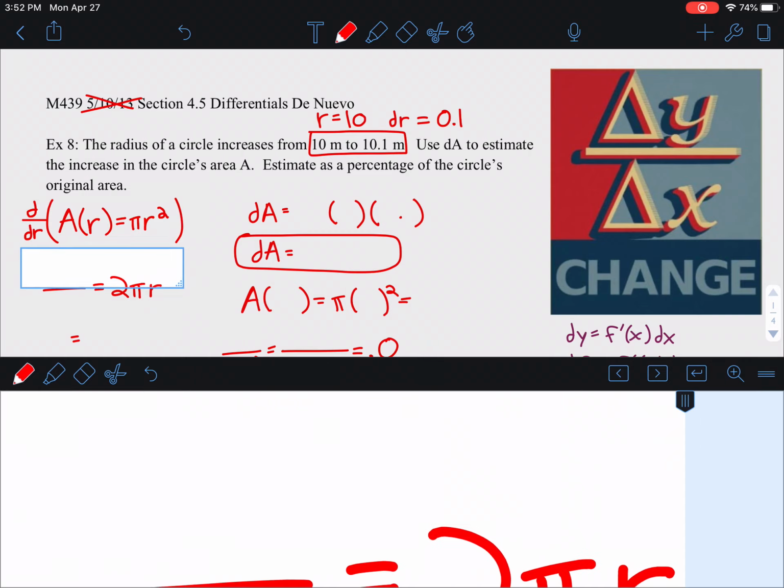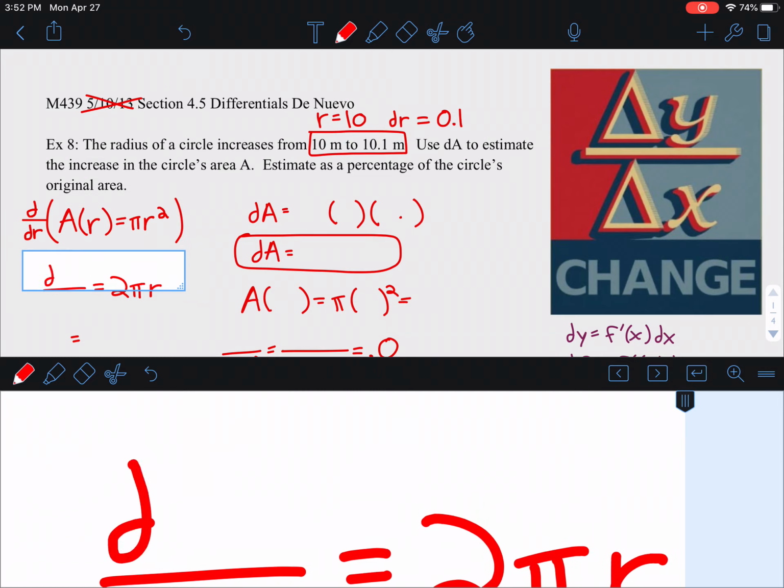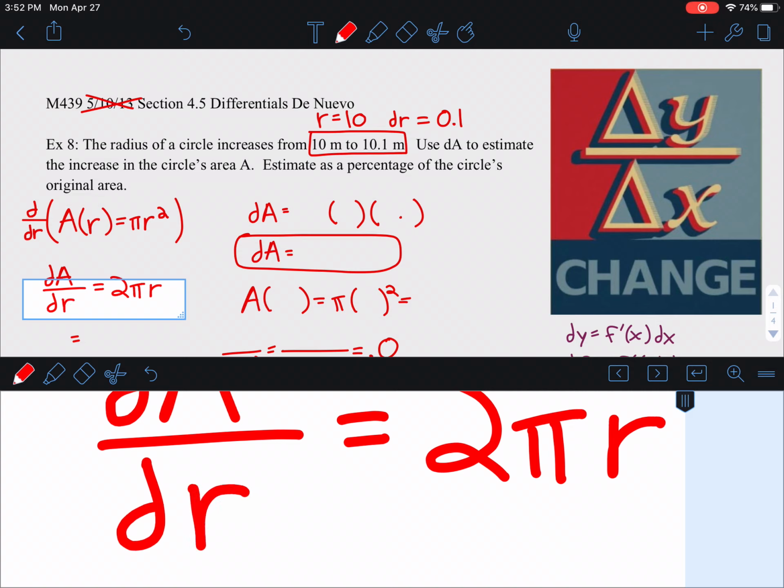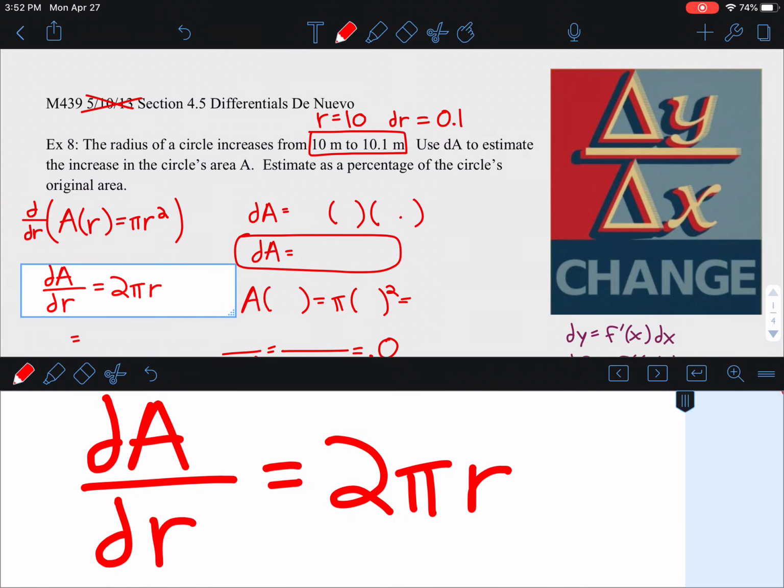And so this is going to be the differential of A, the area, with respect to the differential dr. So dA dr is another way of writing A prime of r, just like how the derivative of f of x is f prime of x, and we can write that as df over dx. I'm using the same idea here. This is dA over dr.